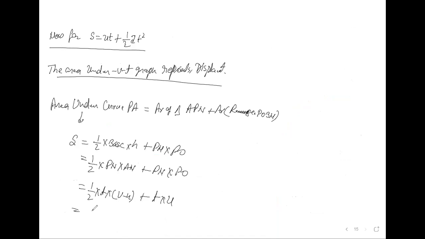So it is ut plus half (v minus u) into t.